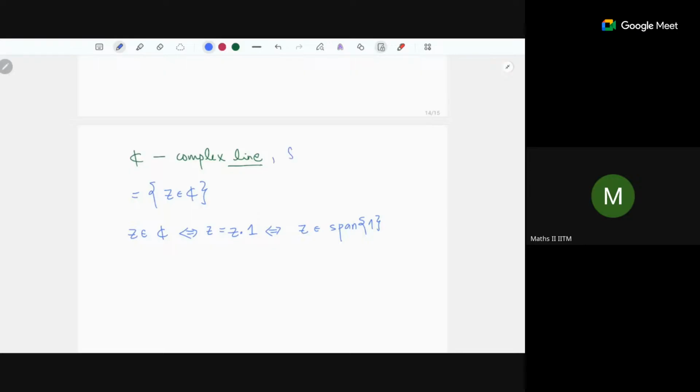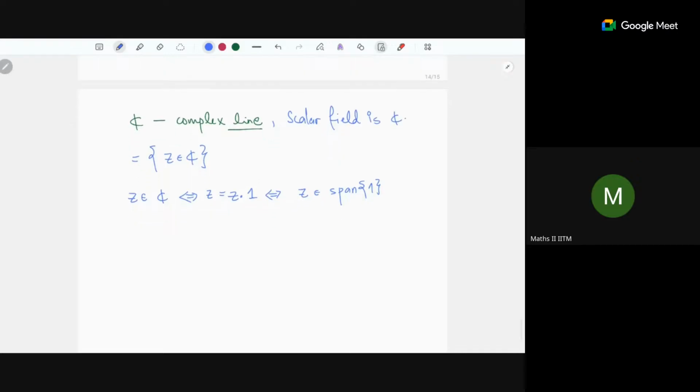My scalar field is C. So what do I mean by that? It means that C is a one dimensional complex vector space.